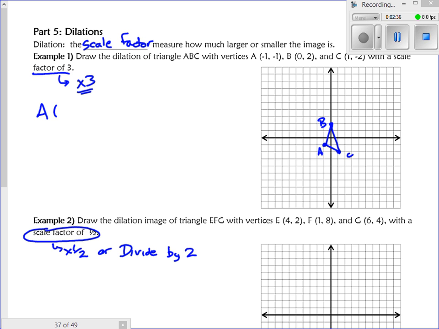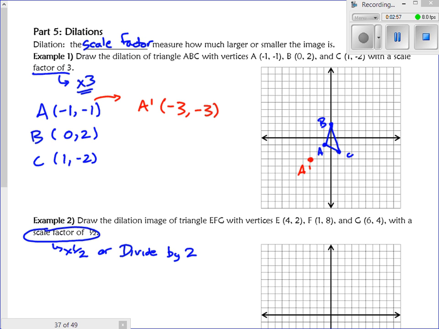So in other words, from A being (-1, -1), B being (0, 2), and C being (1, -2), since the scale factor is times 3, we're going to take each one of those points and multiply everything by 3. So (-1, -1) becomes (-3, -3). A prime gets a little bit further from the origin.